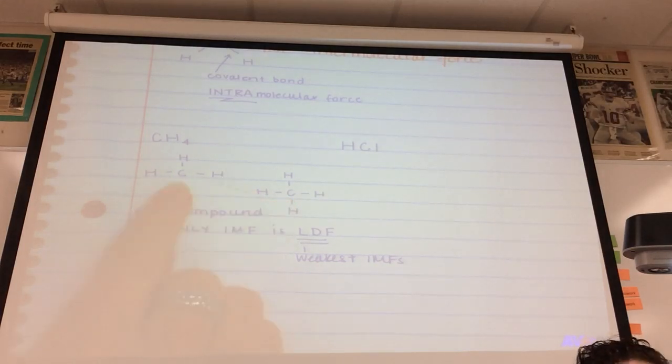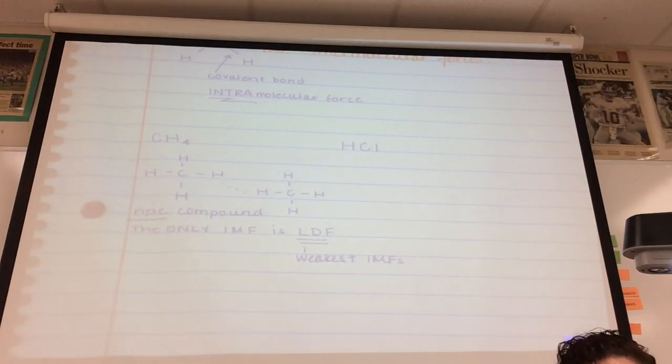Neither of these compounds has a dipole moment, because this is a nonpolar bond, as is this, this, and this. So they don't have dipoles. But when they get near one another, they induce temporary dipoles in each. That's what we're going to take a look at here.